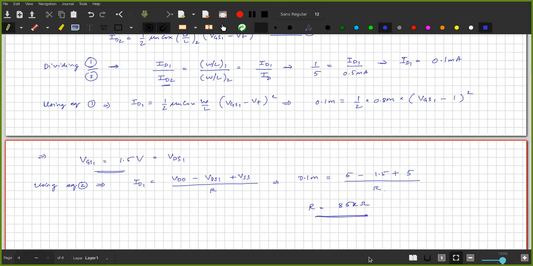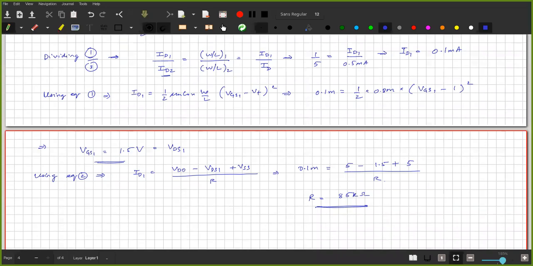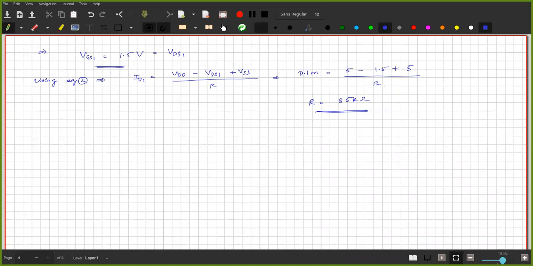If you substitute all the values and calculate R, it is 5 plus 5 minus 1.5 divided by 0.1 milli. Okay, so it is 8.85 kilo ohms. So first part of the problem is done.